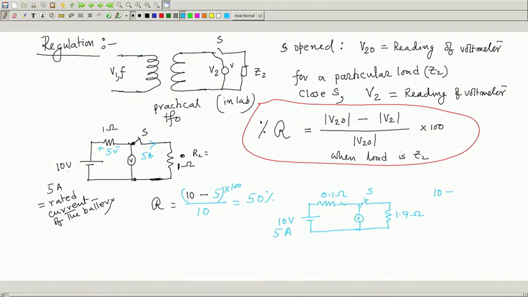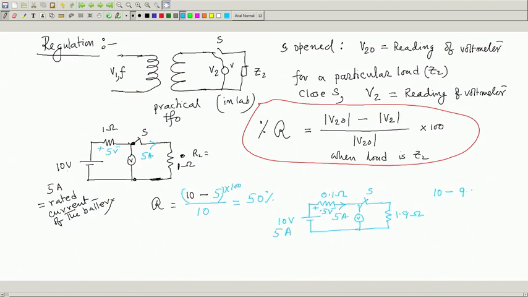So, once again you are supplying 5 ampere to the load, but the voltage drop here will now be 0.5 volt. Therefore, output voltage available will be 10 minus 0.5. So, with the load connected, this voltmeter reading will be 9.5 volt.